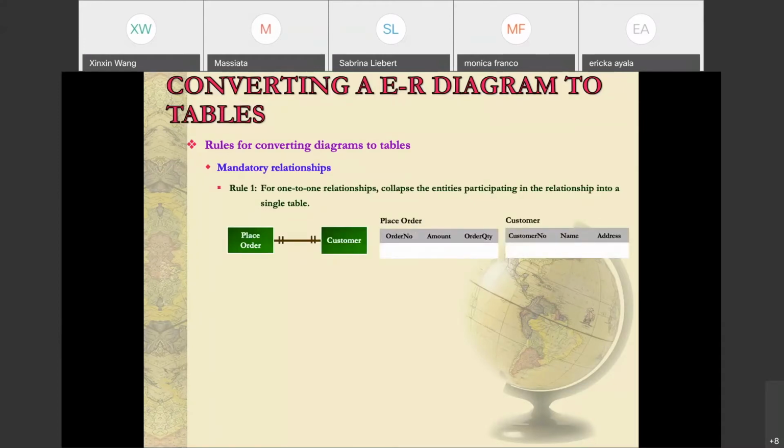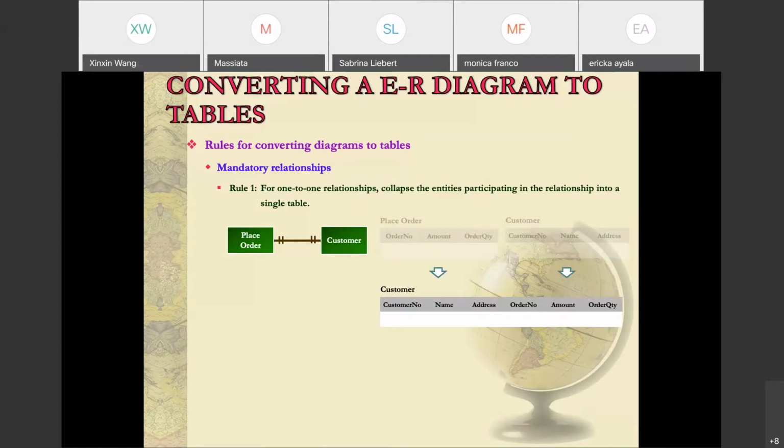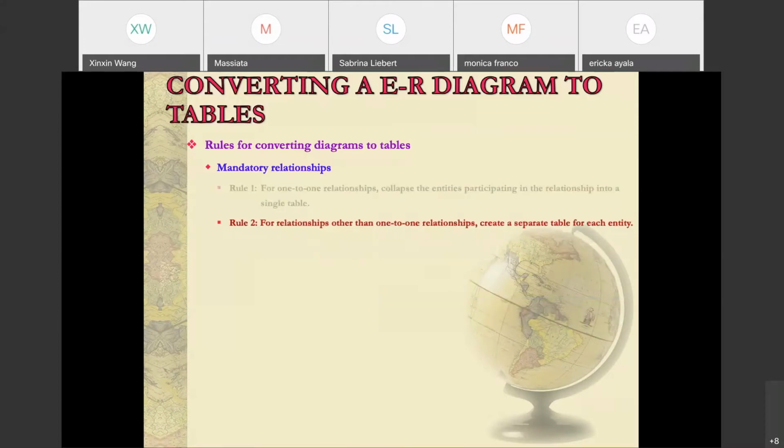First rule, for a one-to-one relationship, collapse the entities participating in the relationship into a single table. What that means is, for example, place order and customer can be combined into the customer table, right? Rule number two, for relationships other than one-to-one, create a separate table for each entity.